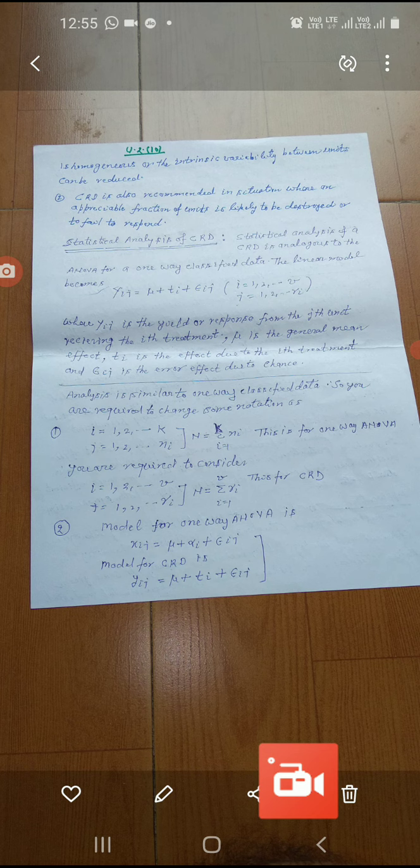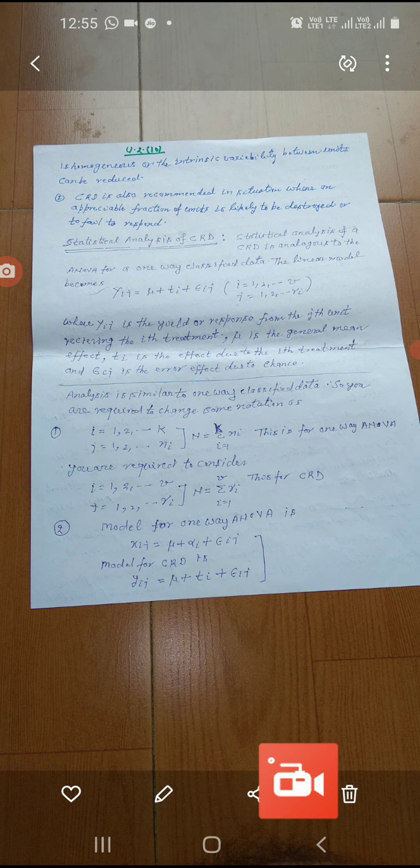Now you are required to consider i is equal to 1 up to V, and j is equal to 1 to Ri, and capital N is equal to summation Ri, i is equal to 1 to V. This is for CRD. Some notation has been changed only, and the remaining is the same.